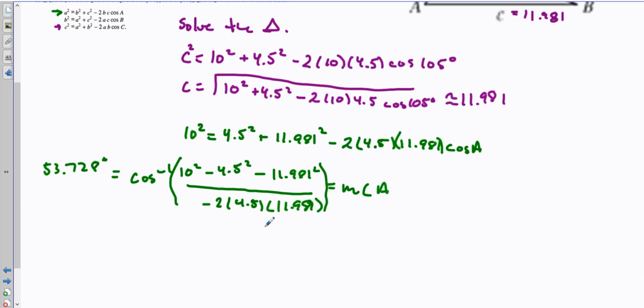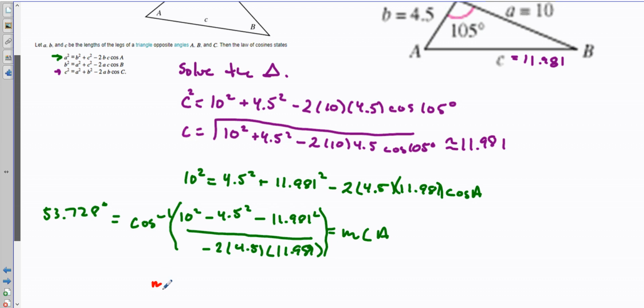And so from there, we are going to now find the other angle. And so what we then take is, to find the measure of angle B, we solve this simply by taking 180 minus 53.728 plus 105. And we can go and find our answer there.